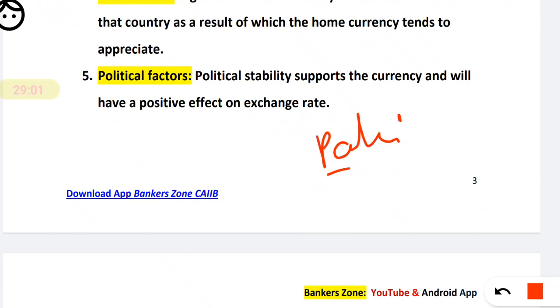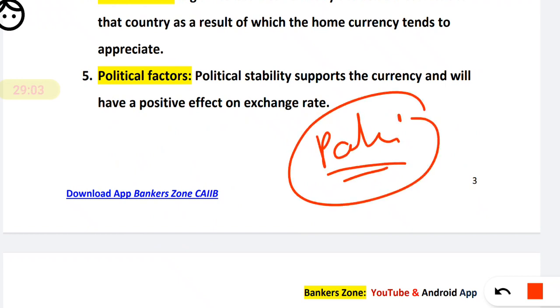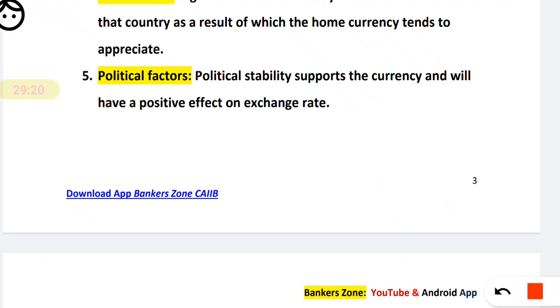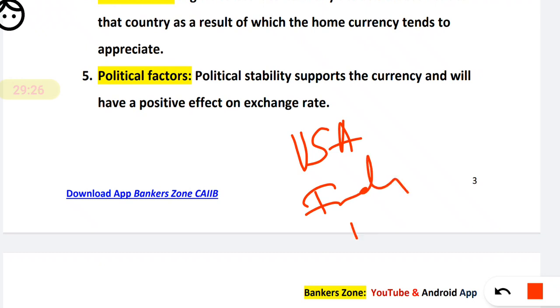What is the situation there? There is no political stability, right? So if there is political instability, people will not go and invest in that country. So there is a very huge effect of political stability on exchange rates, okay. Obviously, for example in USA, in India, in Russia, there is a stable government.